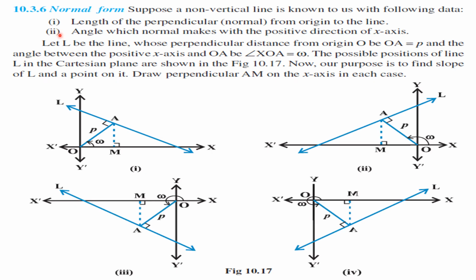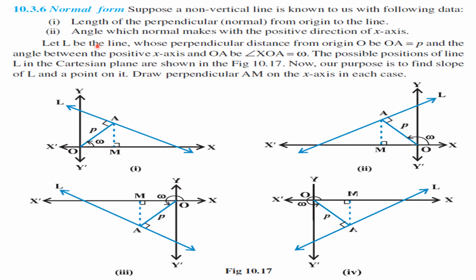Now come to the next form of a line, that is called the normal form of a line. Suppose a non-vertical line is known to us with the following data. The first data is the length of the perpendicular, that is called normal, from the origin to the line.